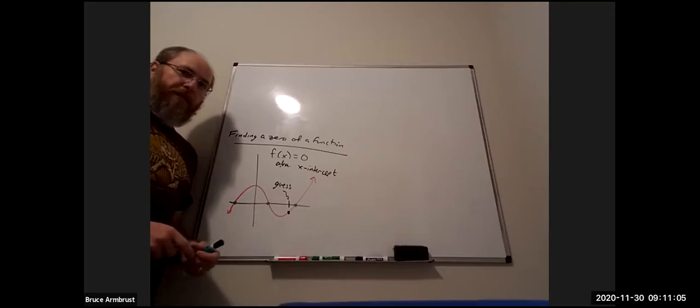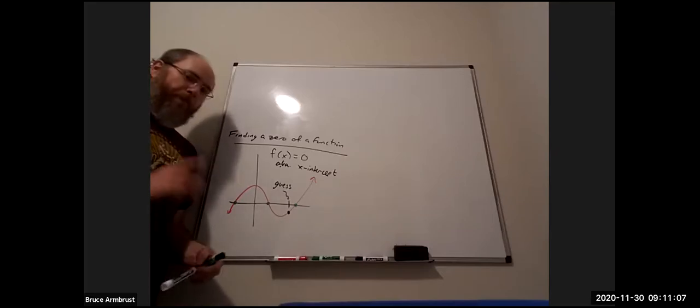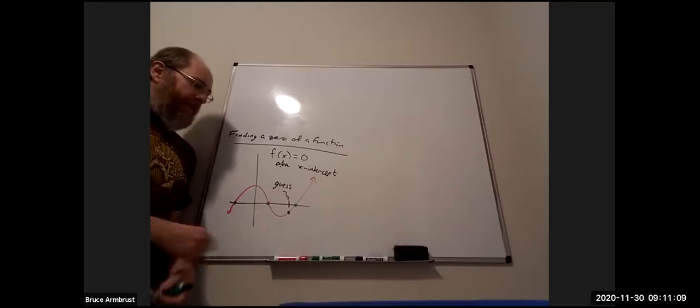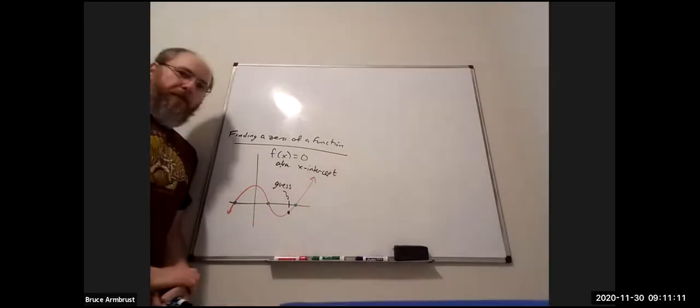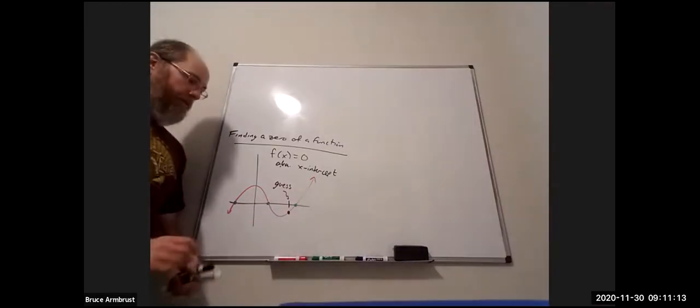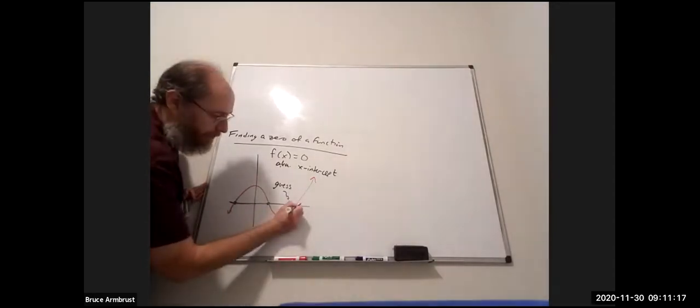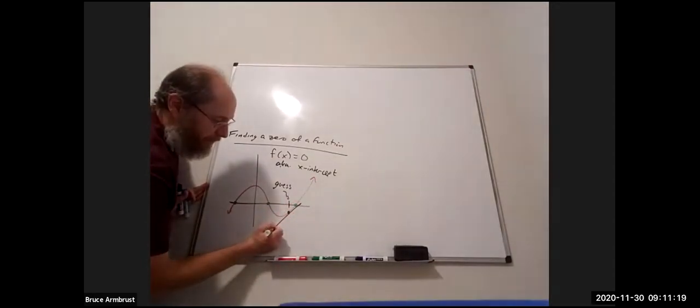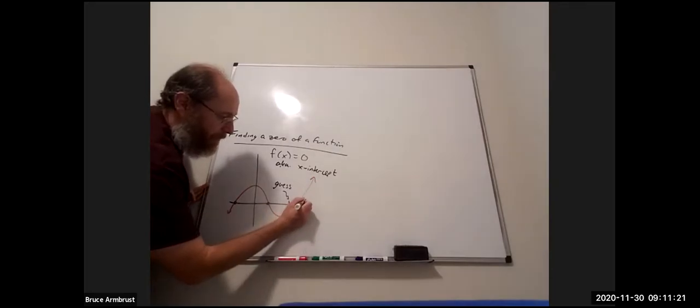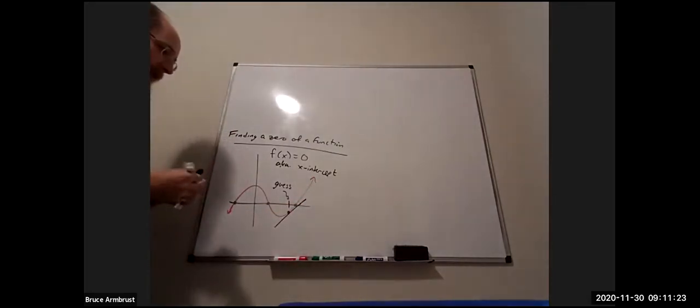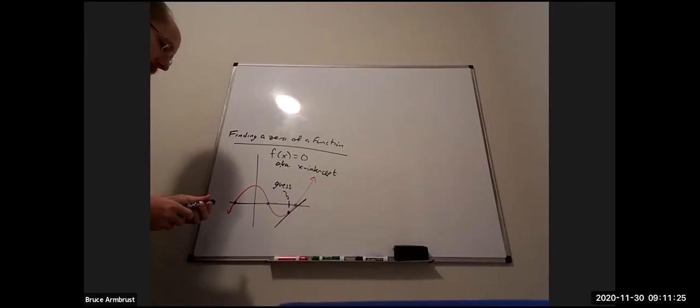But here was Newton's idea. Newton said, well, you know what? What if we take the tangent line at this point and find its intercept? Okay, so I'm going to draw the tangent line at this point. And let's look at its intercept.